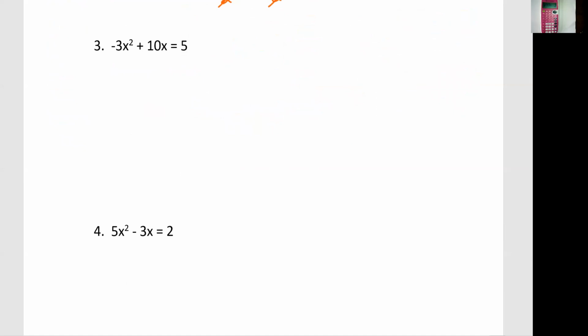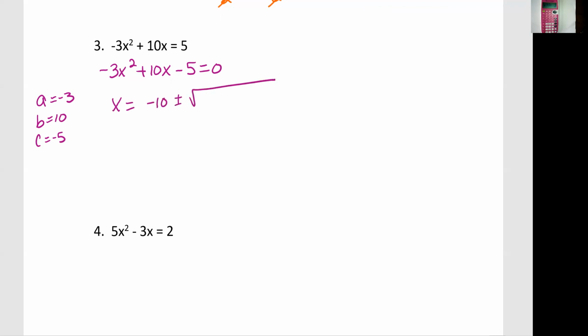Number 3, it must be equal to 0. Subtract 5 from both sides. X is equal to negative b plus or minus the square root of b squared. 10 times 10 is 100.